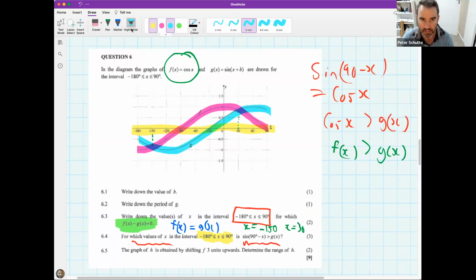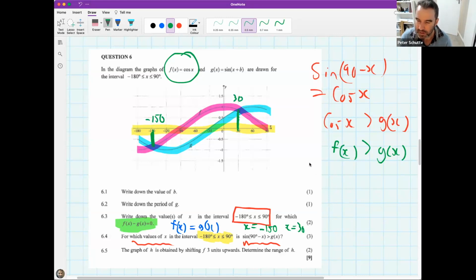It looks to me like the pink one, or f, is above the blue one. Between here, they're equal, right? So they can't be above each other when they're equal. But it feels like it's between these two parts. So Mdudu has suggested between minus 150, which is here, and 30 would be the answer. And I think I agree with you.